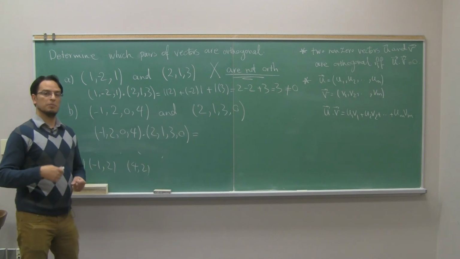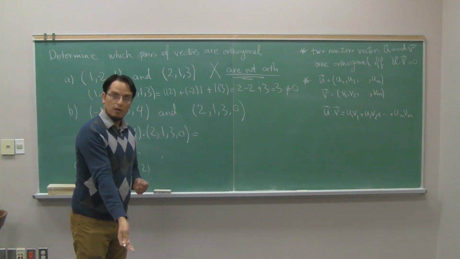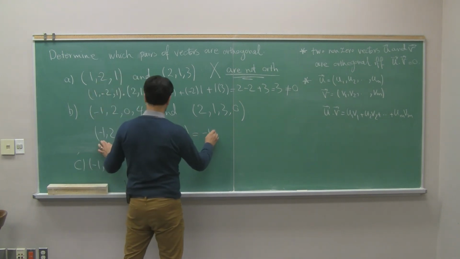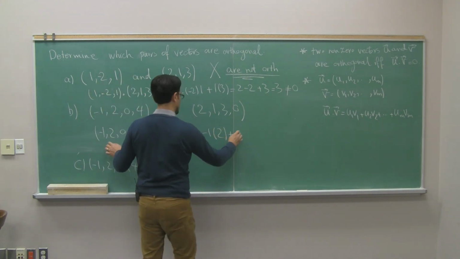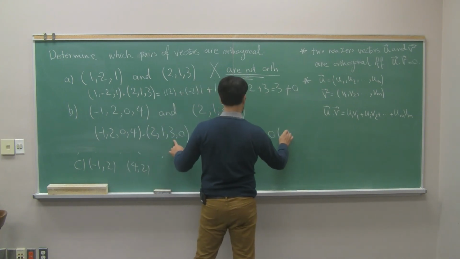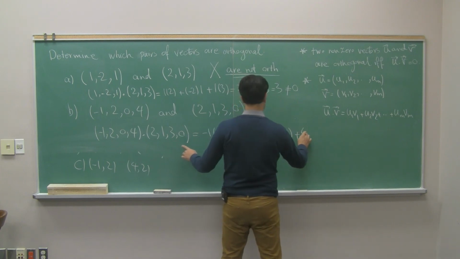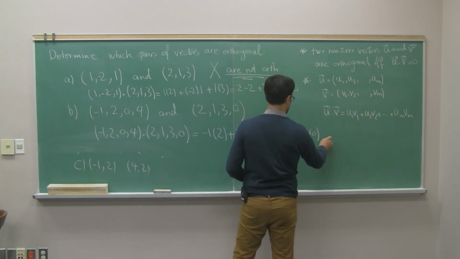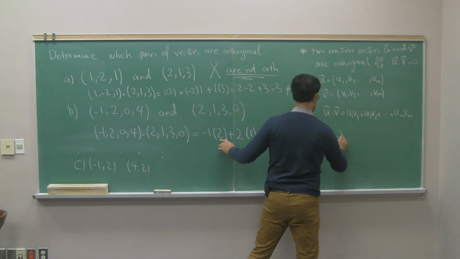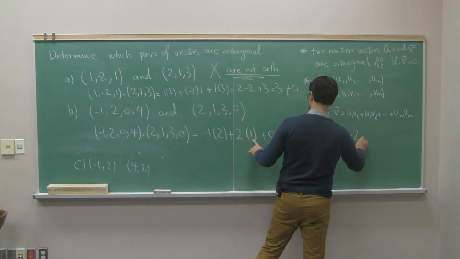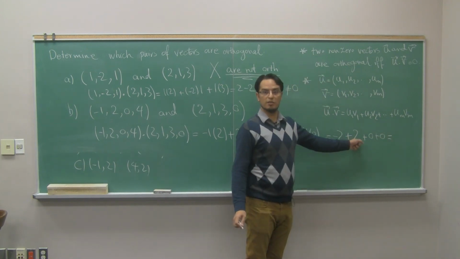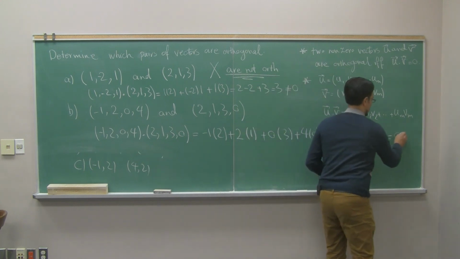Dot product means multiply corresponding components, add them. So I have -1 times 2 plus 2 times 1 plus 0 times 3 plus 4 times 0. -1 times 2 is -2. 2 times 1 is 2, plus 0, plus 0. I have -2 plus 2 plus 0, which is 0.